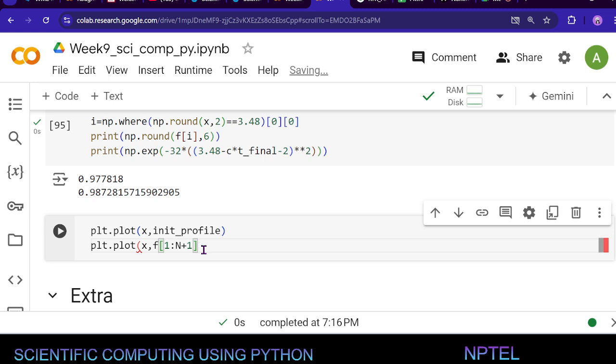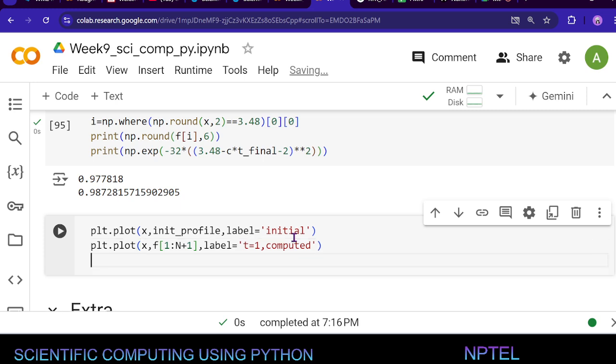The last point is never considered. Okay, you can in fact label it. This is at t is equal to 1 and computed. This is initial, and plt.legend.